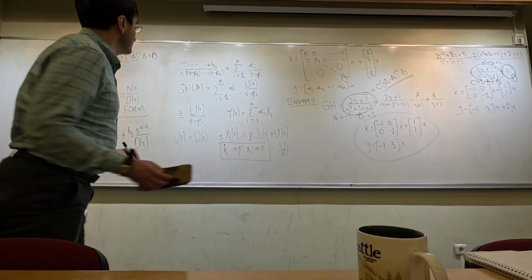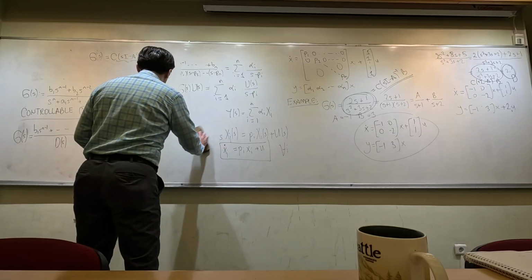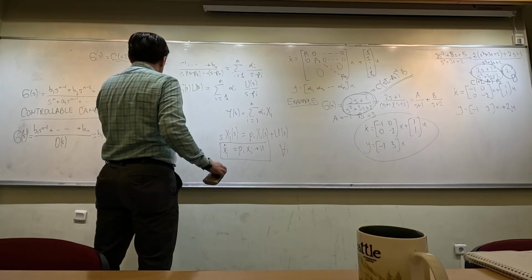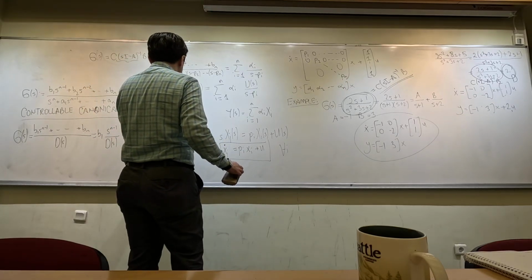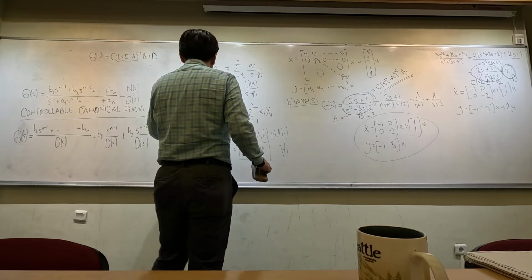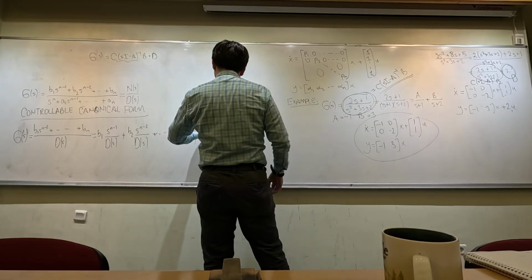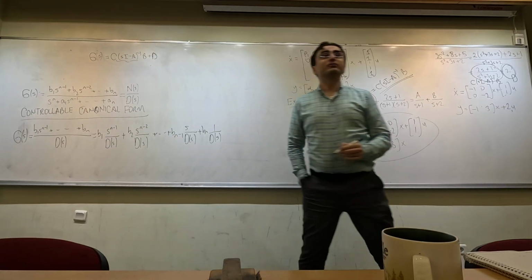These are going to continue in this manner. So I will continue until Bn minus 1 s divided by D of s plus Bn, I have 1 over D of s. Okay?